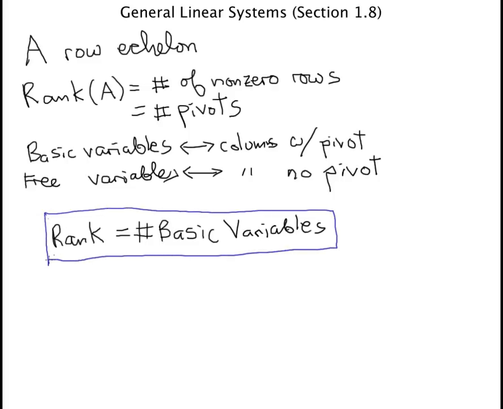And the idea is that this information controls the nature of the solutions of any corresponding equation. If you have an equation with free variables, if it has any solutions at all, it has a family of solutions where you're allowed to vary those free variables, and the basic variables are expressed in terms of those.